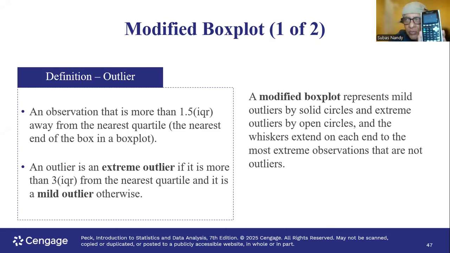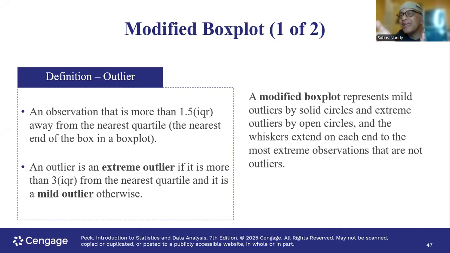Then find out points which are located 1.5 times IQR on the right of Q3 or 1.5 times IQR on the left of Q1, on the left of the box. If there are points located more than 1.5 times IQR beyond Q3 from the right boundary of the box, those are outliers.